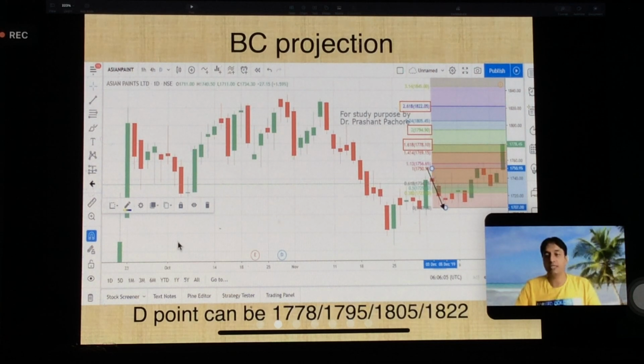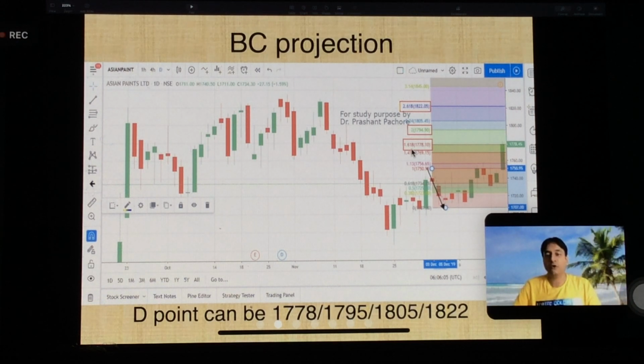So it becomes a projection. These are the various projections: 1.13, 1.27 between these, then 1.414, 1.618, 2.24 and 2.618. 3.14, it can go up, even 3.618, right?